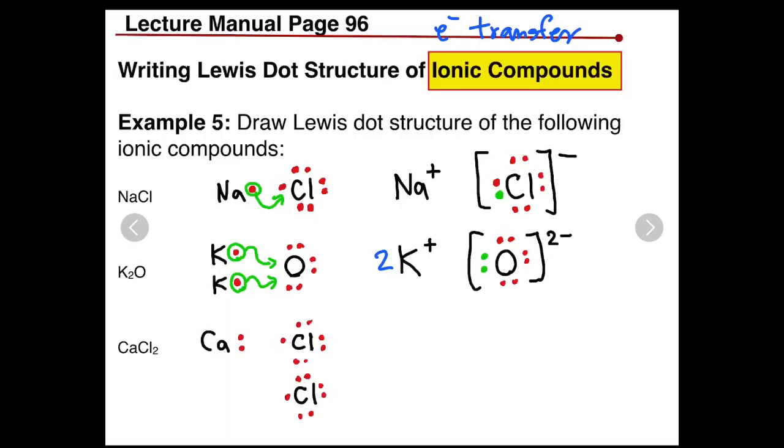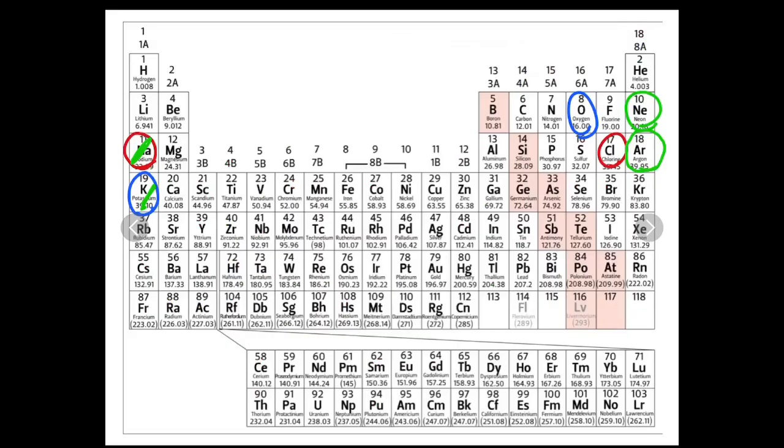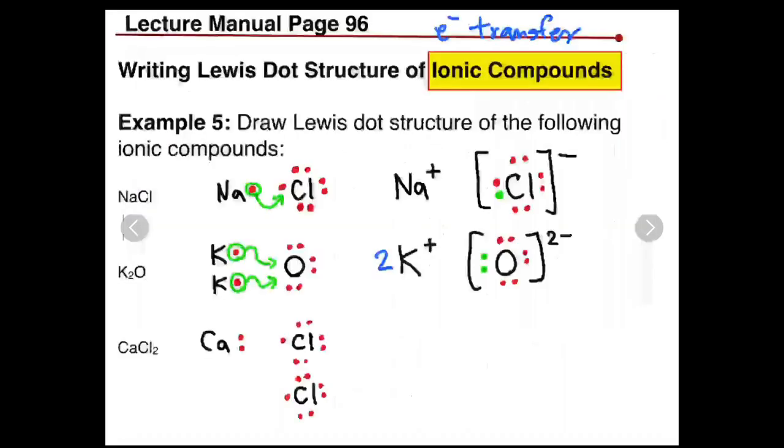So if you go back here, calcium versus chlorine, calcium is bigger, so it's easier for calcium to lose electrons than chlorine. So how many electrons are we going to give to each of those chlorines? Well, each chlorine contains only 7 electrons.